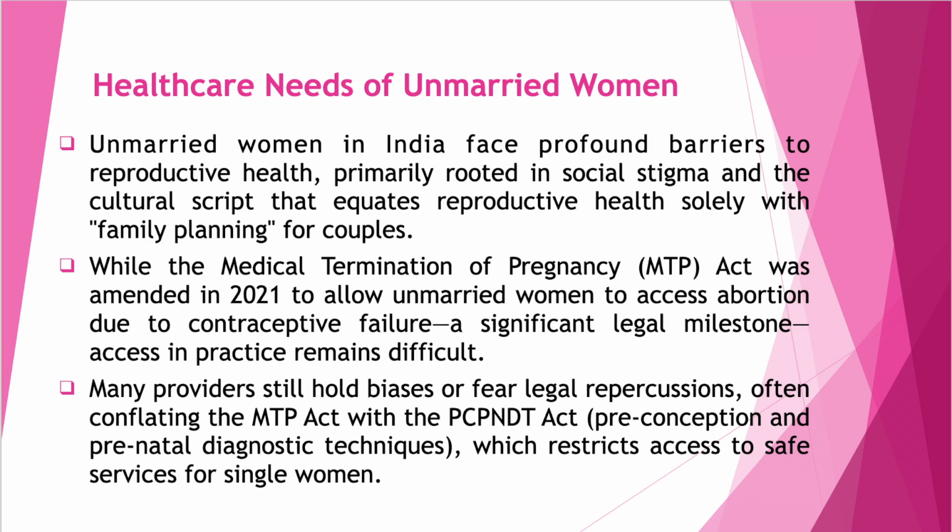While the Medical Termination of Pregnancy (MTP) Act was amended in 2021 to allow unmarried women to access abortion due to contraceptive failure, a significant legal milestone, access in practice remains difficult. Many providers still hold biases or fear legal repercussions, often conflating the MTP Act with the PCPNDT Act, that is, the Preconception and Prenatal Diagnostic Techniques Act, which restricts access to safe services for single women.